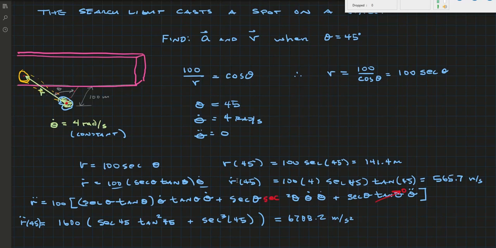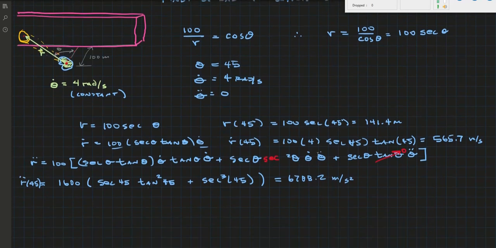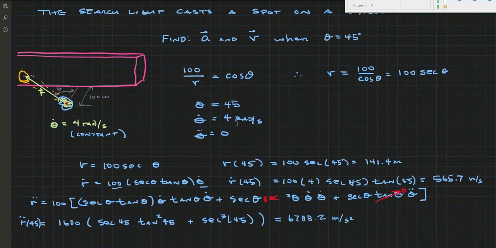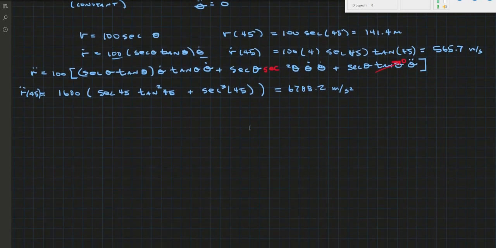All right, so now we've got r, r dot, and r double dot at 45 degrees. We also have theta and theta dot and theta double dot, which we can just plug and chug into our relationships for velocity and acceleration.